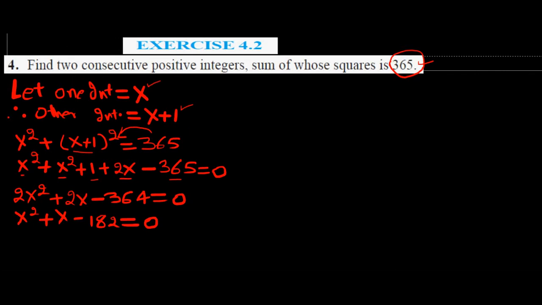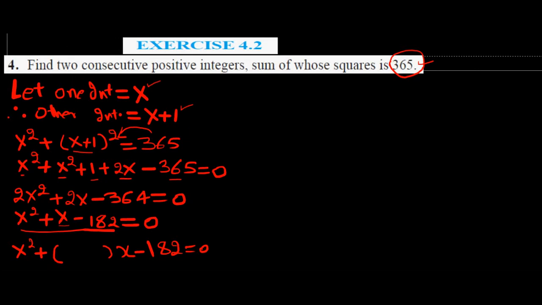Now this is the equation which I will solve by using factorization. So I will split this middle term into two terms: x square plus, middle term split into two terms, x minus 182 is equal to 0.